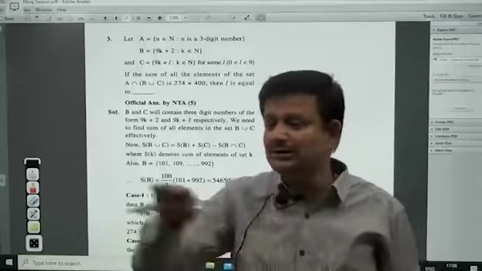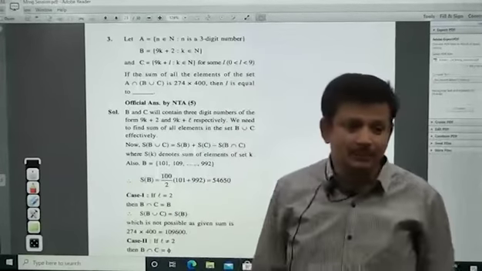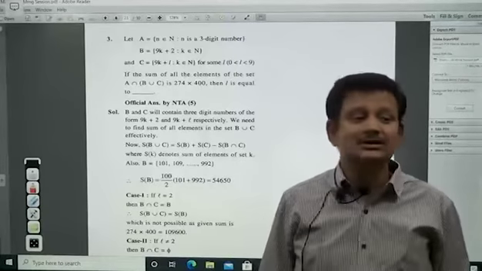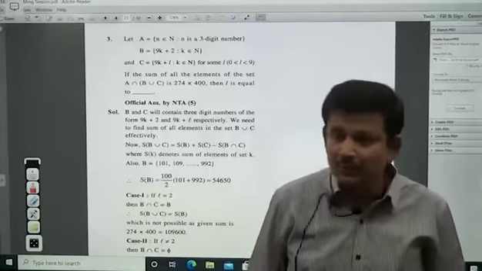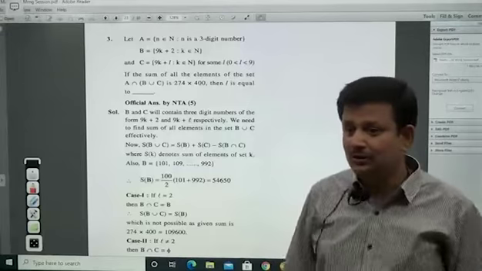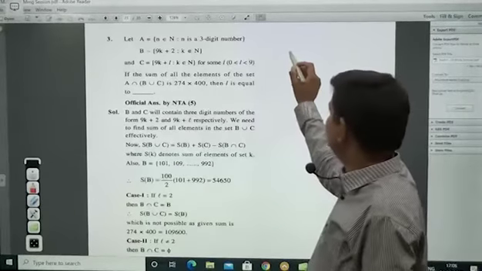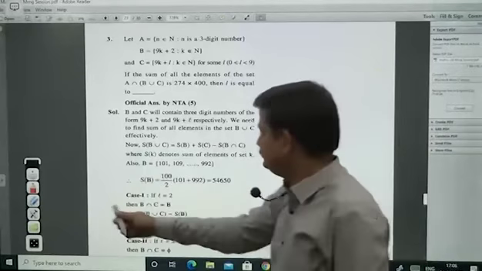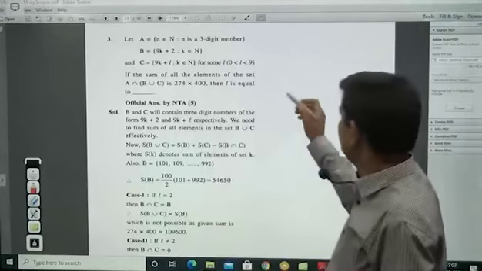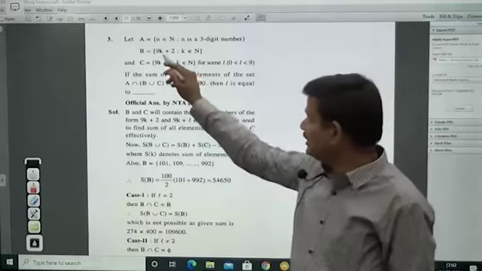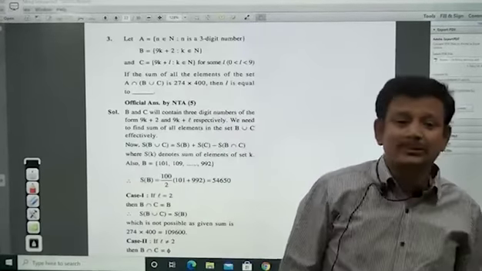They are all in AP. Common difference is 9. You can find the sum. So it is the sum of all the numbers which are in AP, whose first term is how much? Which is the first 3-digit number of the form 9k plus 2.